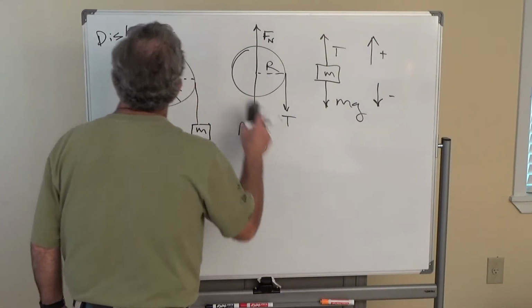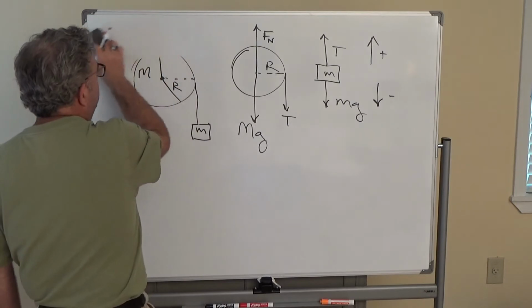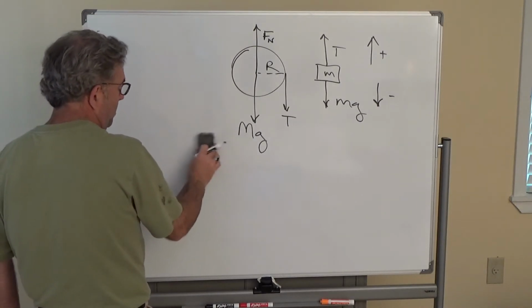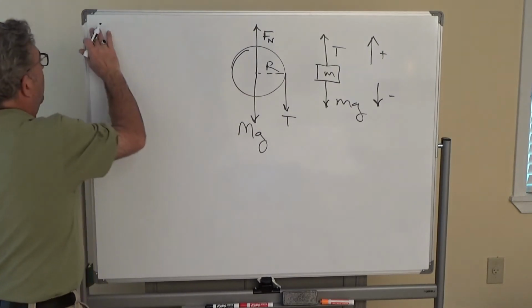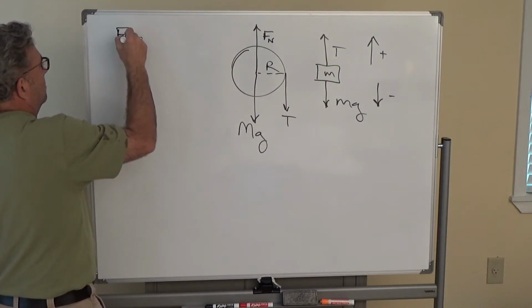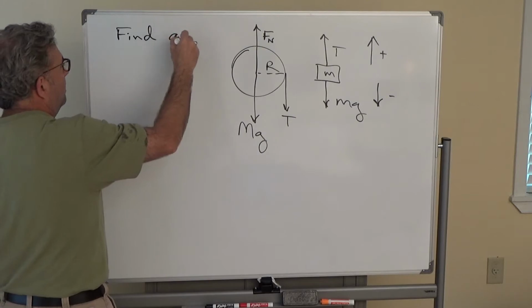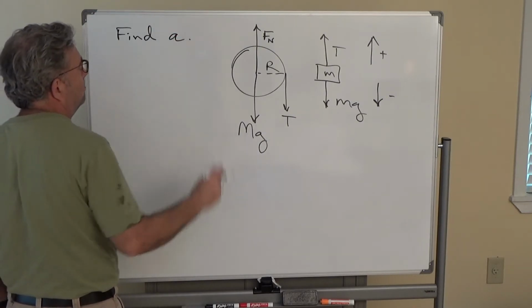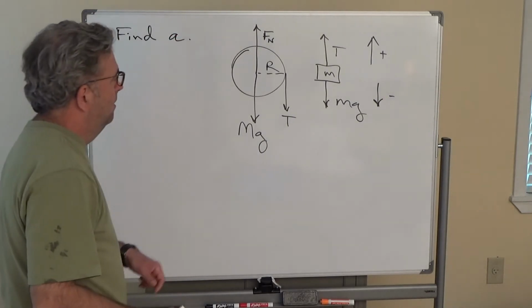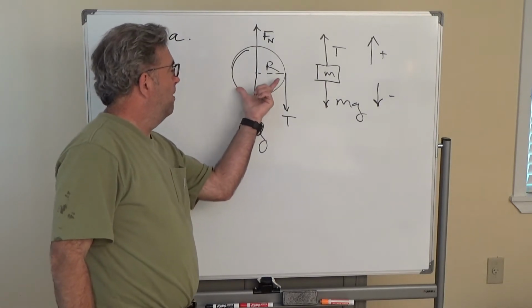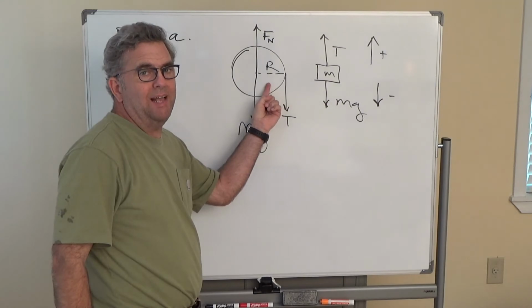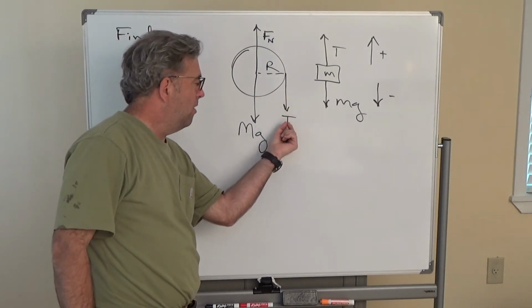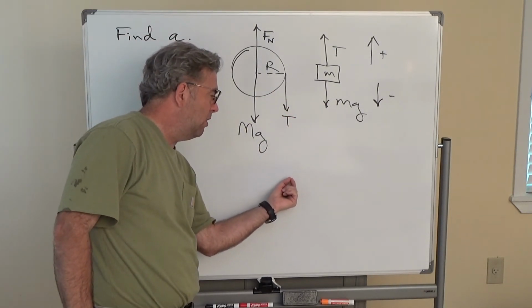All right, so what I want to find is, remember it's a disc, I want to find the acceleration of the falling mass. Find A. Depending on the masses, if this is a very small mass and this is a big massive pulley, it's going to fall very slowly.